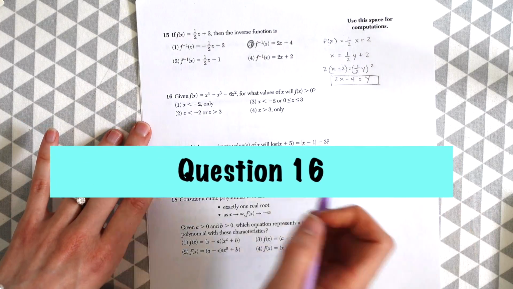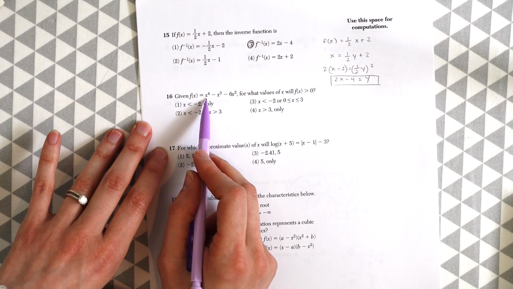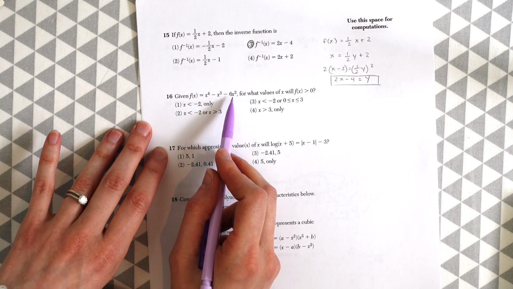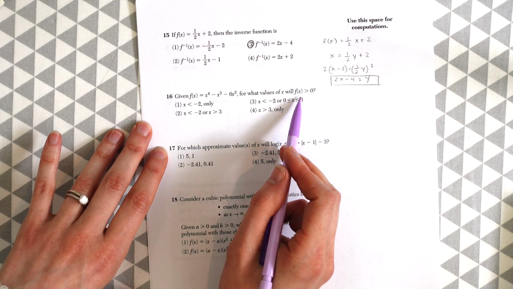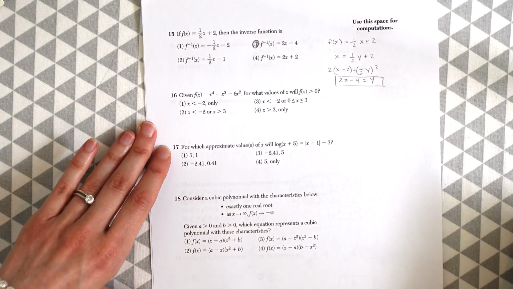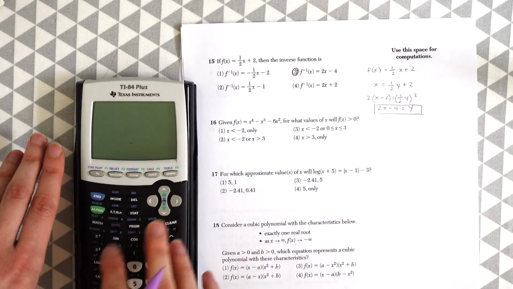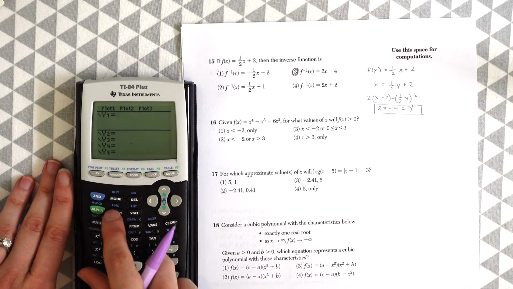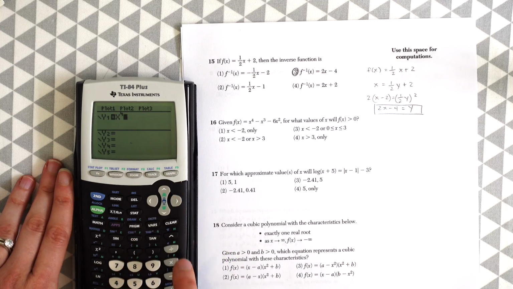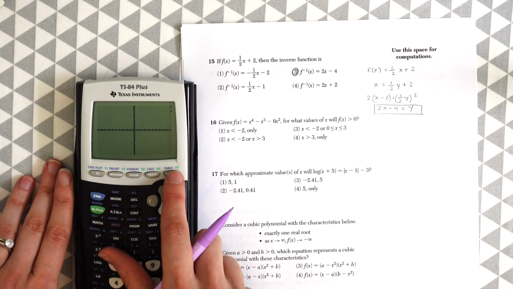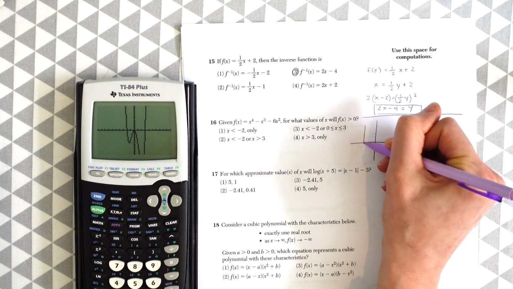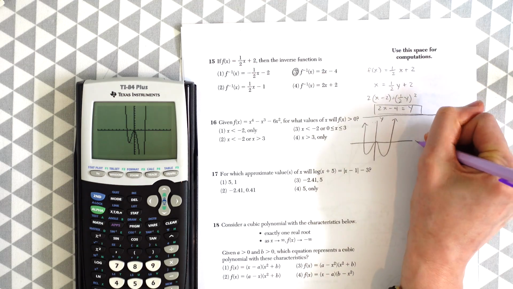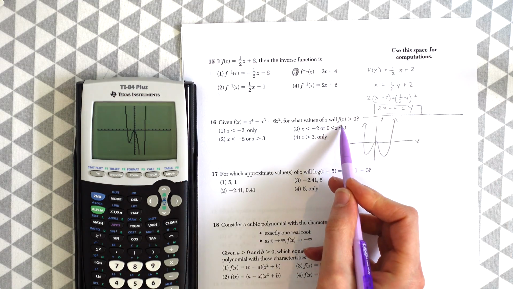Question 16. If f of x is equal to x to the 4th power minus x cubed minus 6x squared, for what values will y be positive? So let's look at what this is going to look like on our calculator. So we're wondering where y is positive.